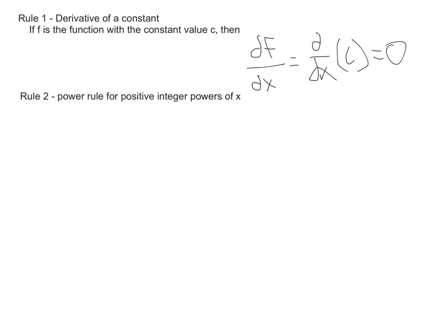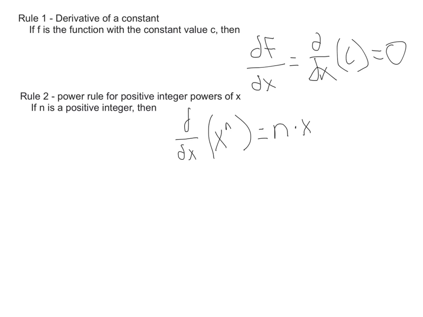If n is a positive integer, the derivative of x to the power of n is equal to n times x to the n minus 1 power times the derivative of the base.